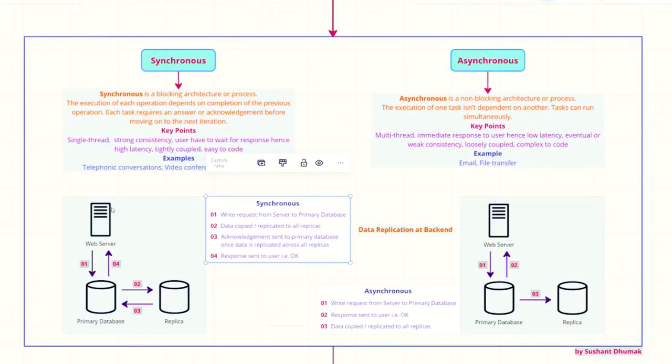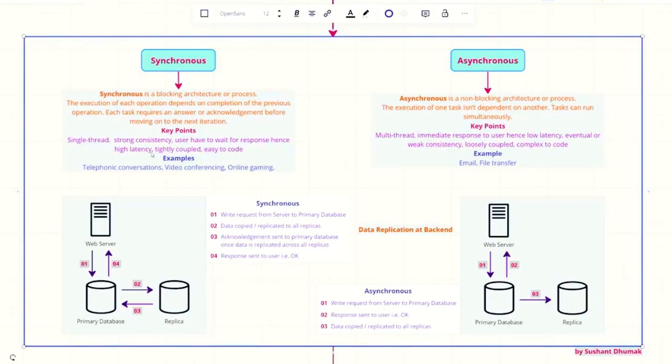So I'm repeating myself that synchronous is a blocking architecture. Blocking means you have to wait for the response or acknowledgement. Otherwise, you will not move ahead. So that's the blocking part of it. Until the primary database gets a response, it has to wait, and the web server has to get a response from the primary database.